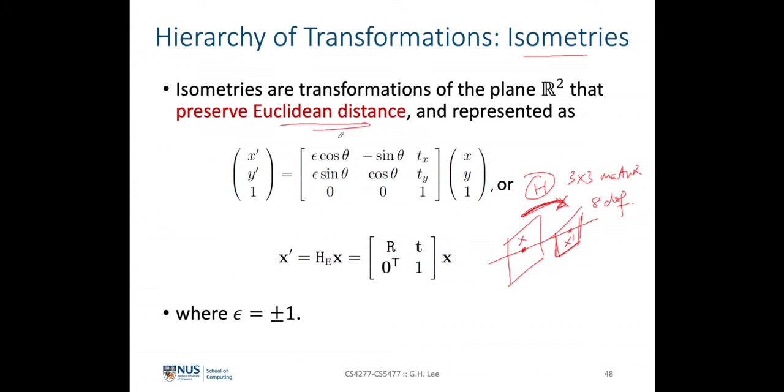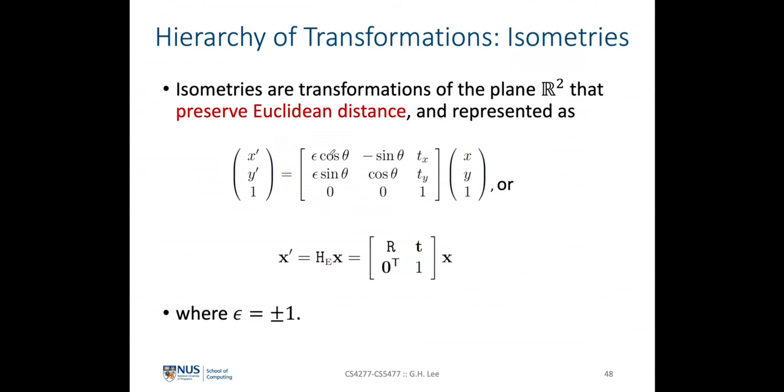But in the case where H over here is a linear mapping defined by this 3 by 3 matrix, where the first four elements are given by this equation over here, and the last one is given by tx, ty, and 1, then this would be preserving the Euclidean distance.